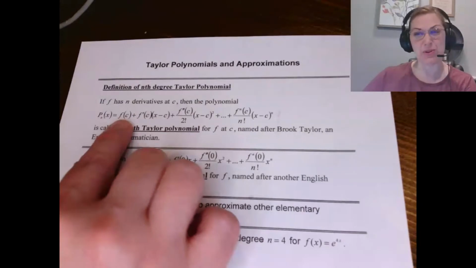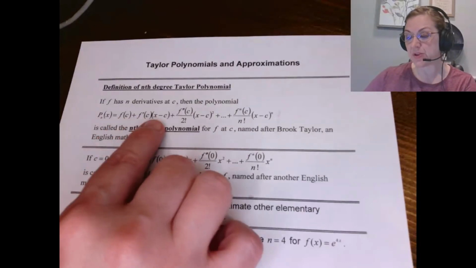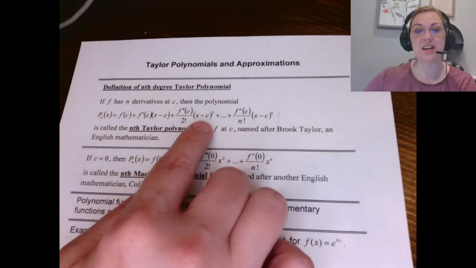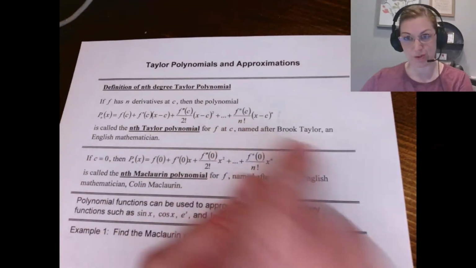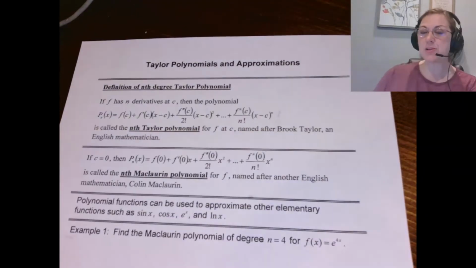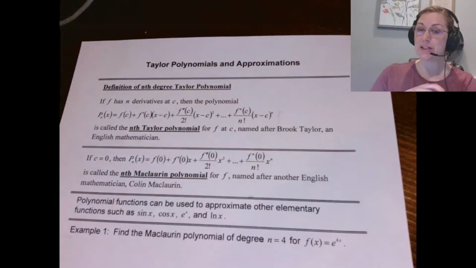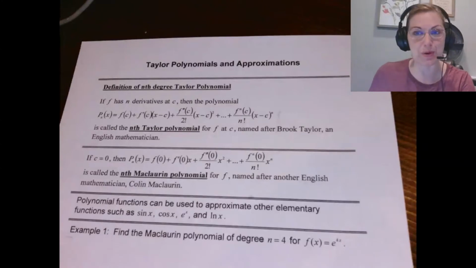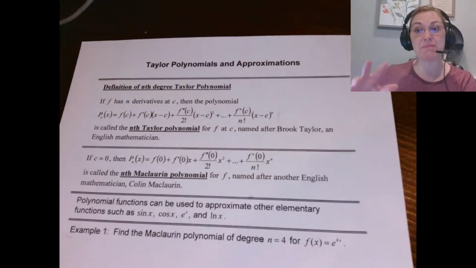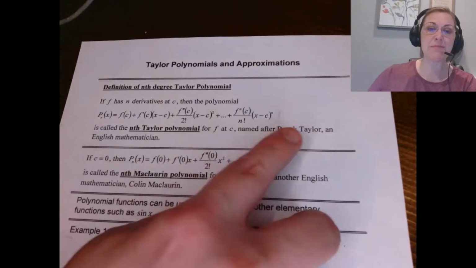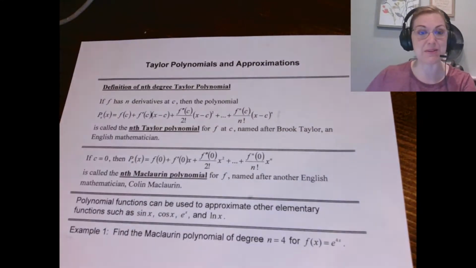So in this term, you don't have an x minus c. Then this one, you have an x minus c, then an x minus c to the second. Then the next one would have an x minus c to the third. You get the idea, right? And that's what we call an nth Taylor polynomial. So maybe we would tell you to do a third degree Taylor polynomial. And of course, it is centered about some value c. It's named after Brook Taylor, an English mathematician.